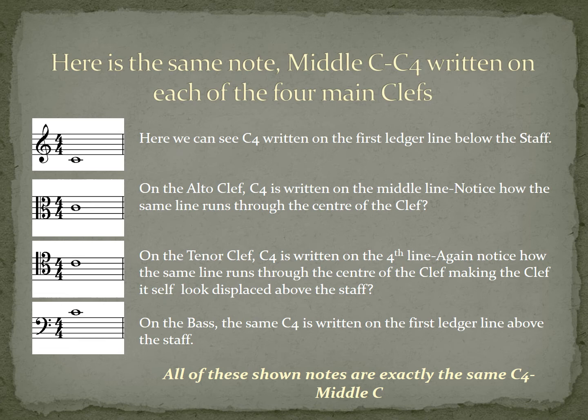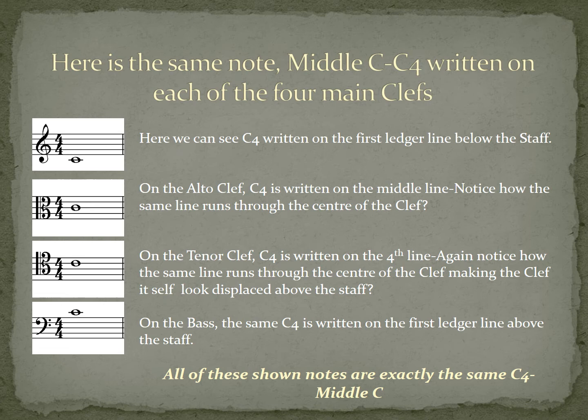So that note that is indicated on the diagram is middle C, exactly the same as the treble clef. On the third one down, on the tenor clef, C4 is written on the fourth line up. Again, notice how the same line runs through the centre of the clef itself. So that makes the clef look as though it's displaced above the staff.